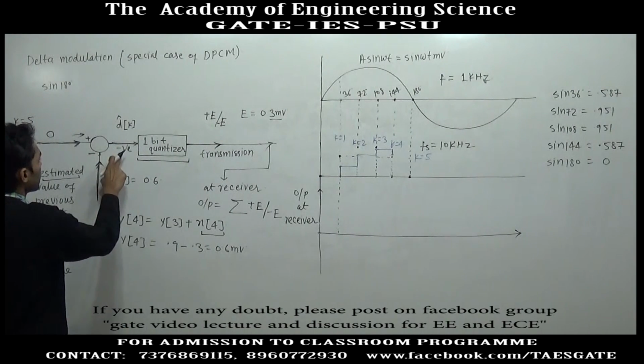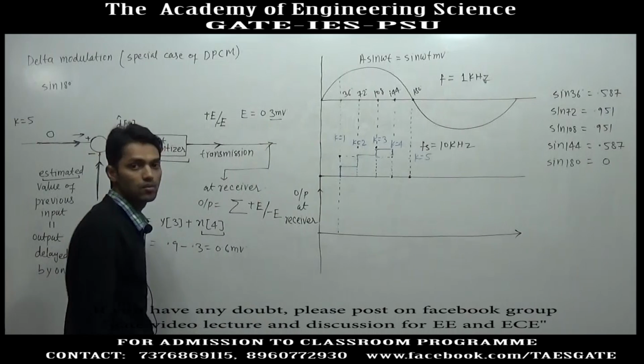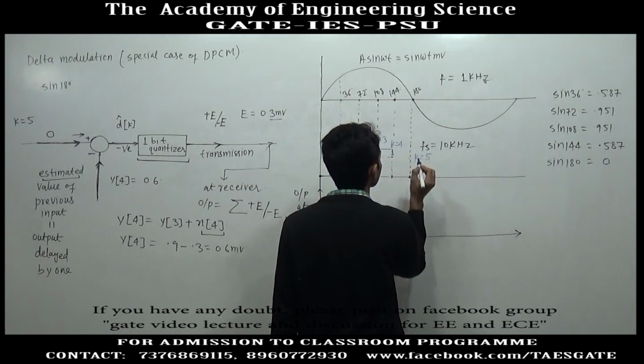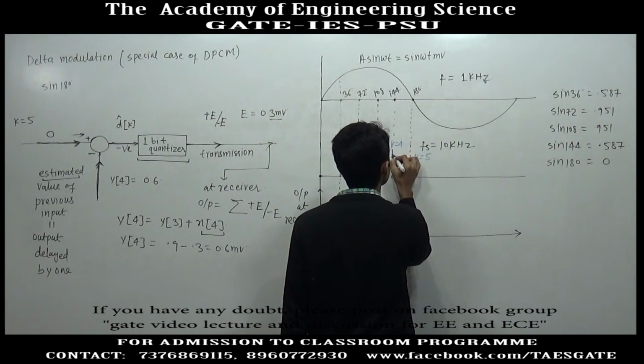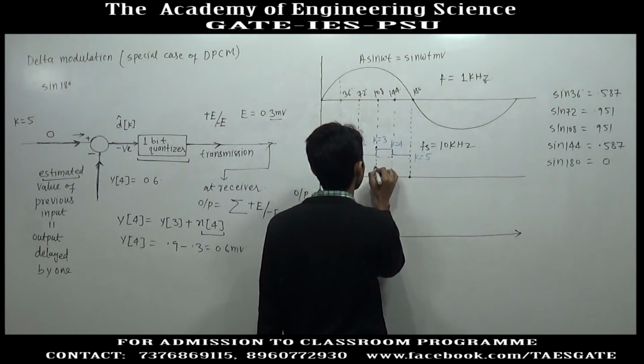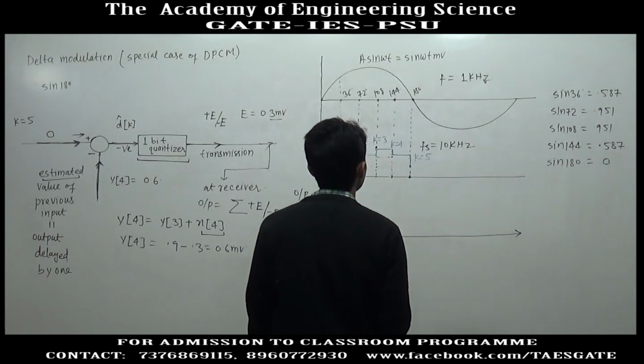So, again the input to the quantizer is negative, so we will get the output as 0.3 volt. Similarly, now we will subtract 0.3 millivolt, so the output we will get is 0.6 minus 0.3, 0.3 millivolt.